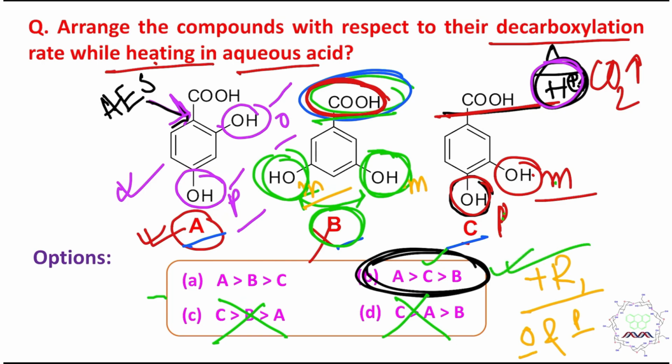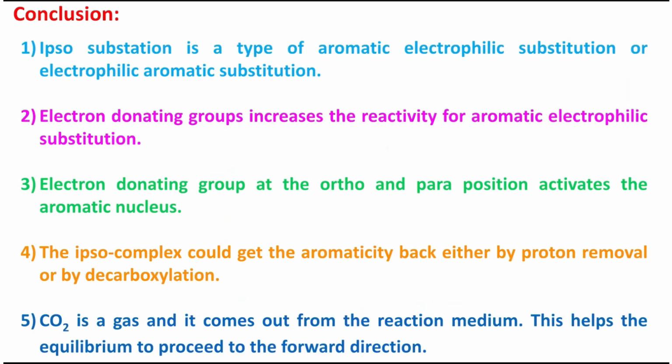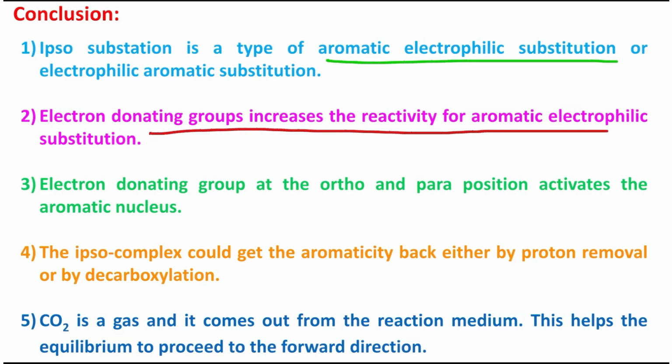But for this purpose, good knowledge on aromatic electrophilic substitution and ipso substitution is essential. Okay. So in conclusion, what we have learned today, that ipso substitution is a type of aromatic electrophilic substitution, and electron donating group increases the reactivity for this AES reaction, and electron donating group in the ortho-para position activates the aromatic nucleus more.